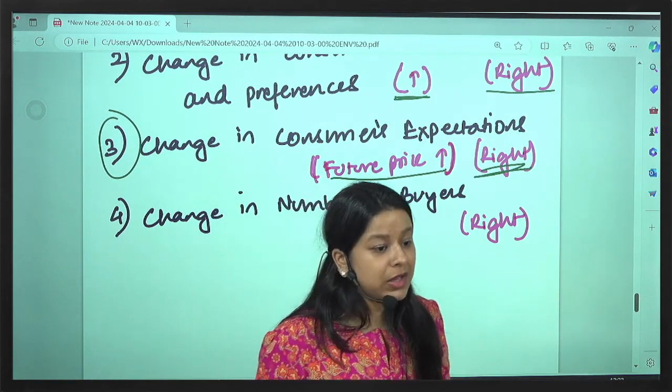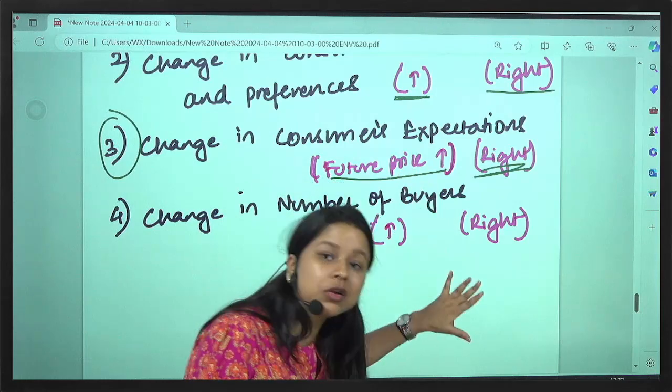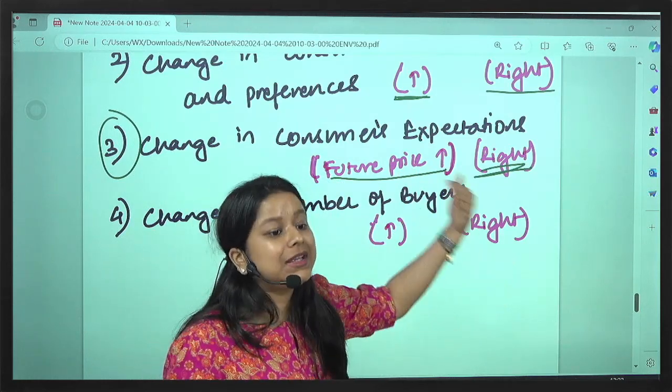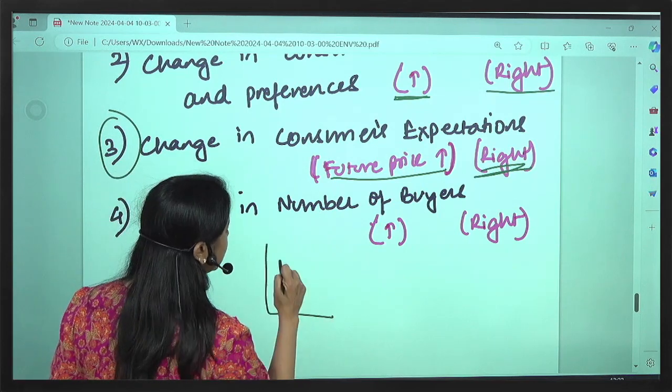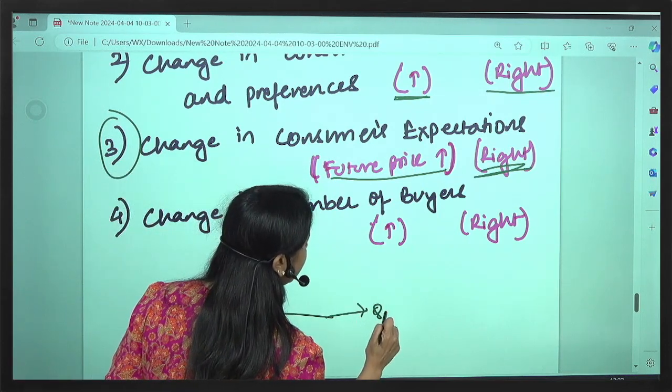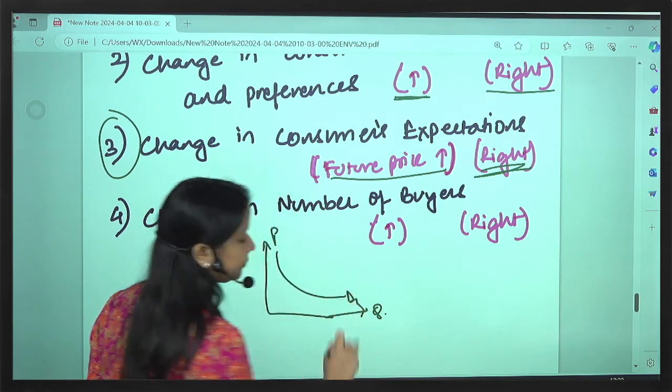So when the number of buyers of a particular commodity is increasing, obviously the demand curve will shift to the right. Let's say this is my Q and price axes and this is D1 demand.